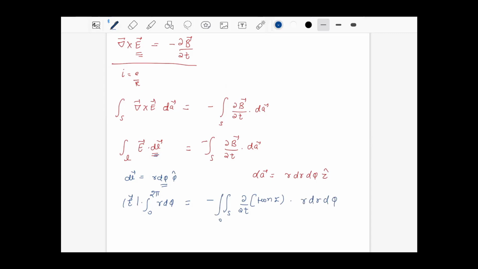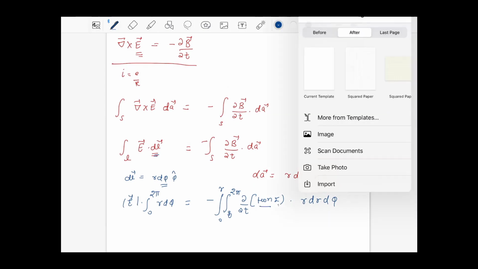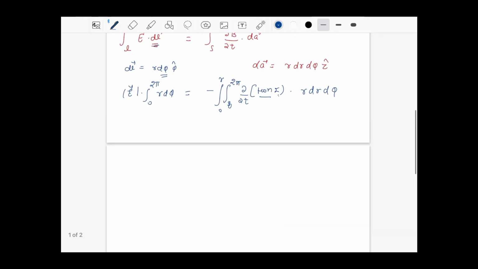So r varies from 0 to r inside and phi varies from 0 to 2 pi. These two are constant with respect to time, so only dI by dt will be left here. So we are left with E times 2 pi r equals minus mu naught n dI by dt times 2 pi r squared by 2.